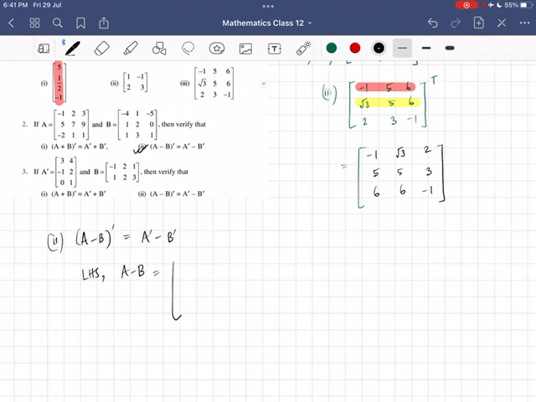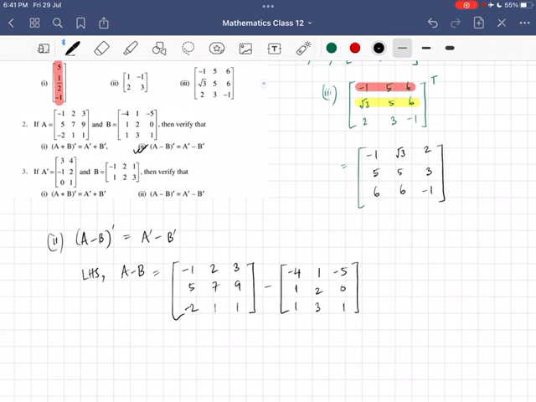A minus B is equal to minus 1 2 3, 5 7 9, minus 2 1 1, and I'm going to subtract from this minus 4 1 minus 5, 1 2 0, 1 3 1.